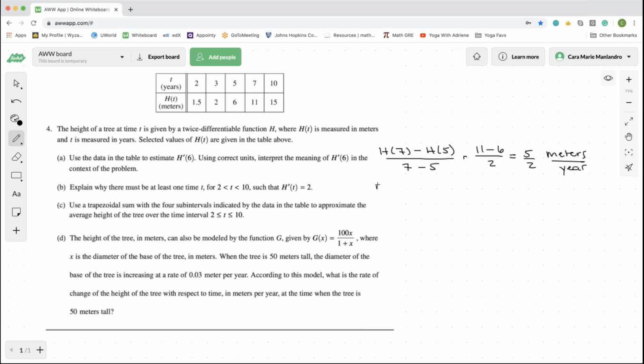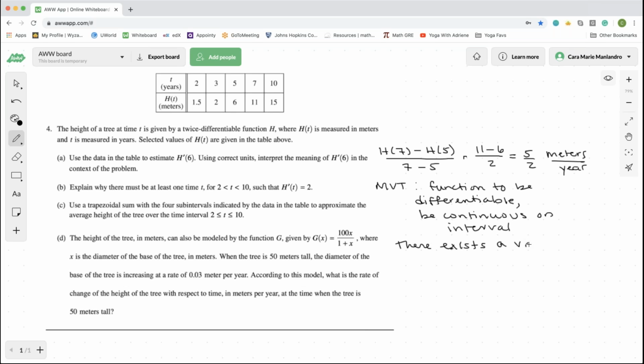So remember that for the mean value theorem, what you need is your function to be differentiable on whatever your interval is, and then be continuous on your interval. All right, and then it would say that there exists a value c such that h prime of c would be equal to 2. All right, and we're charged with finding that.